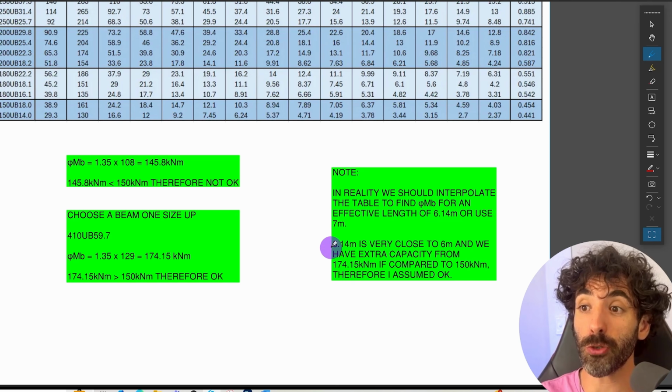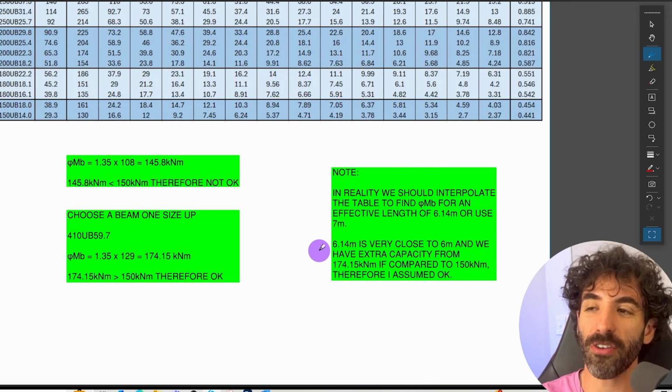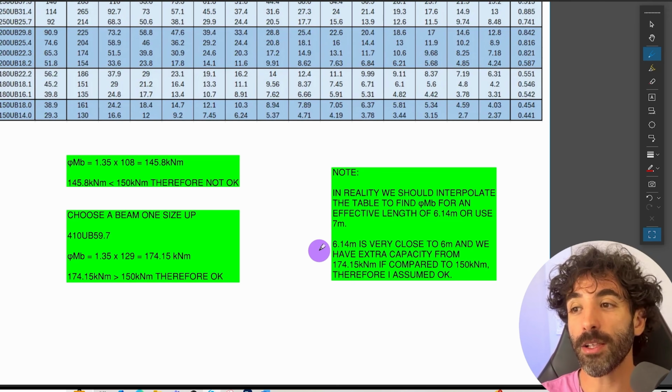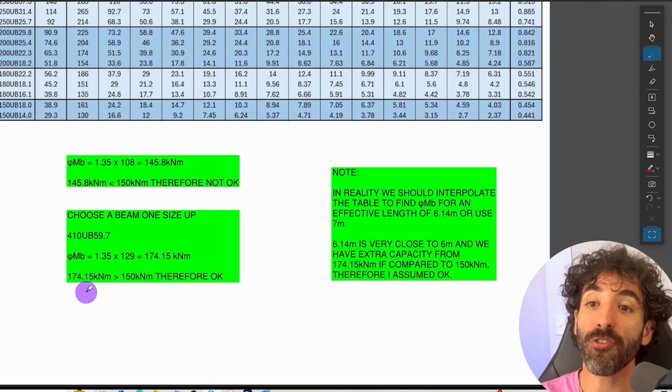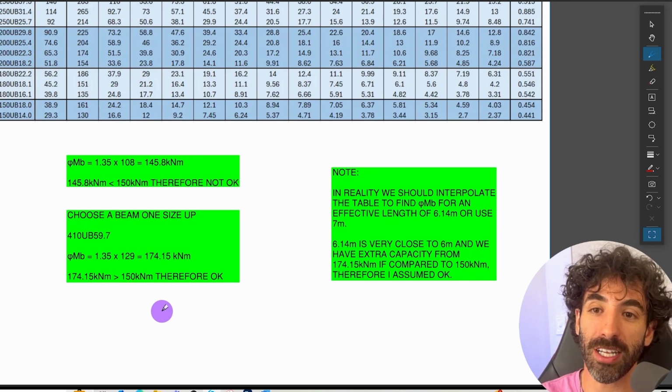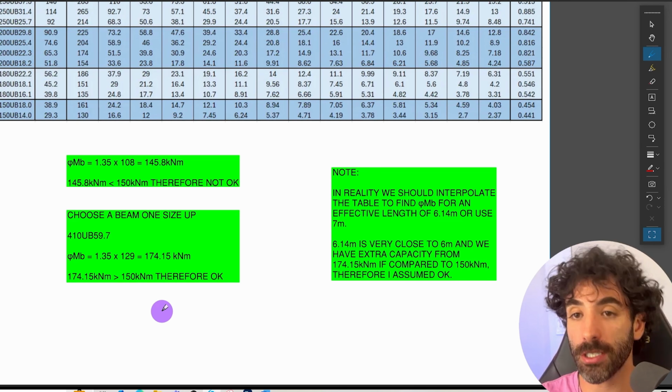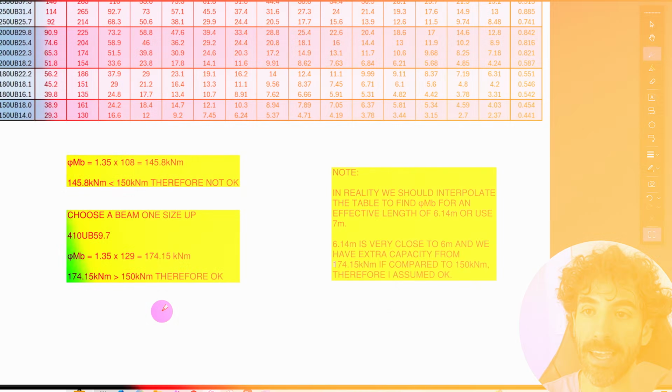But I'm just assuming that 6.14 meters is very close to 6. And we also have some extra capacity from 174.15 if compared to 150. So that's 24.15 kilonewton meter extra capacity. Therefore, I'm just assuming that section is okay. And that's how you design a steel beam against lateral torsional buckling.